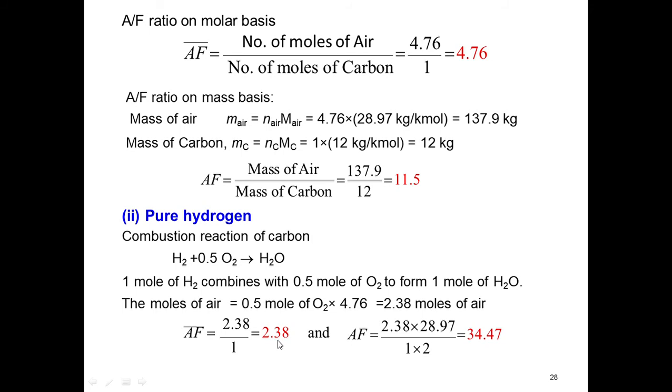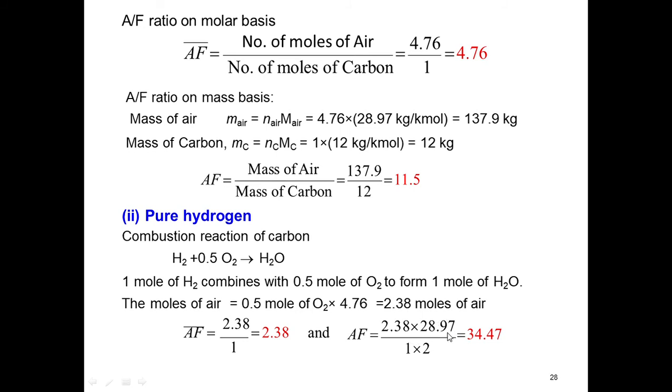Molar air fuel ratio. Okay, but if you have the mass basis, then you have to multiply to convert the moles to masses. So 2.38 moles of air, and the molecular weight of air is 28.97.